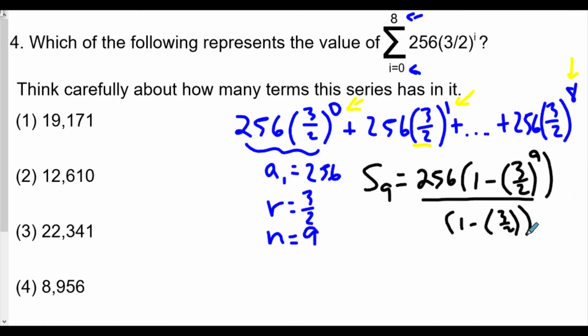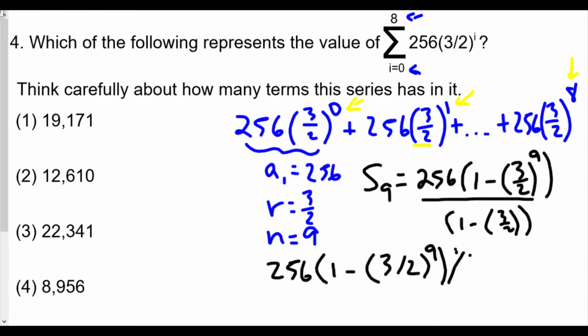So again, if you write this in a calculator: 256 times 1 minus open parenthesis 3 divided by 2 close parenthesis raised to the 9th, close parenthesis, divide by parenthesis 1 minus parenthesis 3 over 2 close parenthesis twice. All right, so let's enter this in.